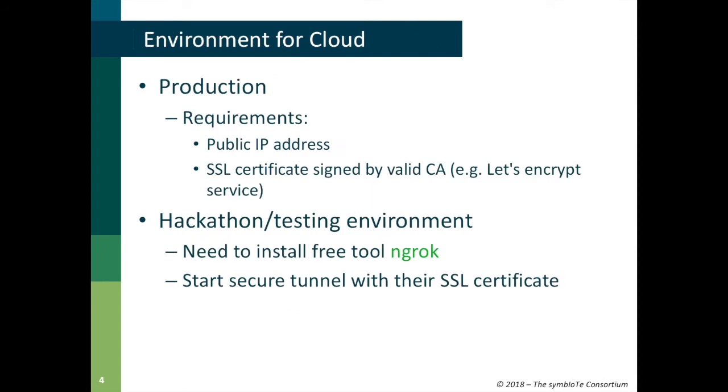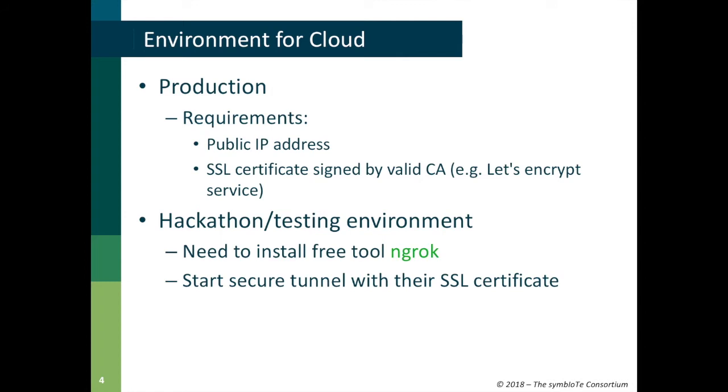Also, regarding environment, we can have 2 kinds of environments: production environment and hackathon/testing environment. The production environment is an environment where you have a public IP address and you have a valid SSL certificate for accessing cloud components.